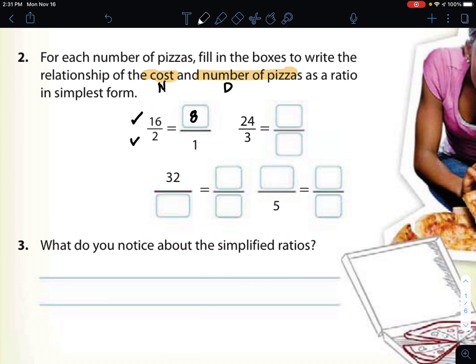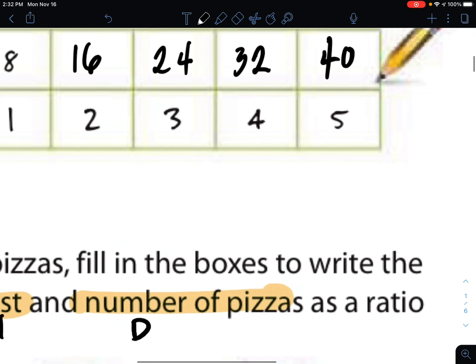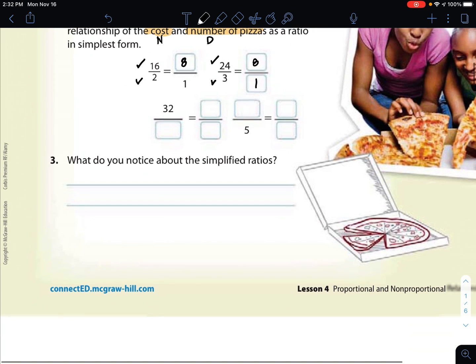Same thing here. If I have $24 for 3 pizzas, if I simplify that, dividing the numerator and denominator by 3, this will be 8 over 1 as well. On the second to the last column, you have $32 for 4 pizzas.